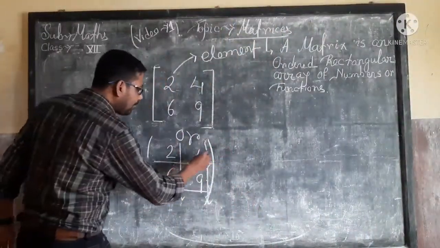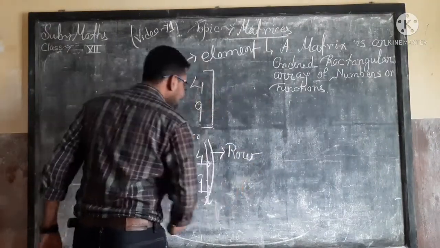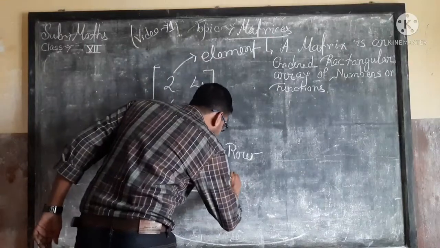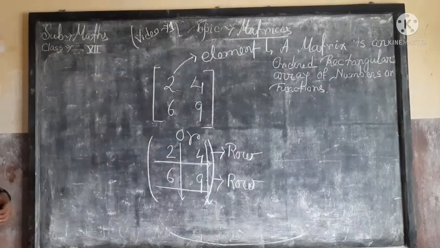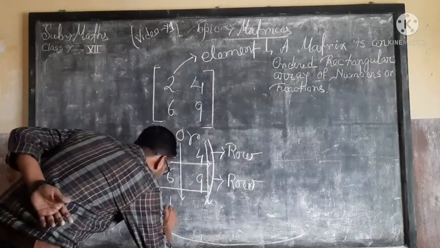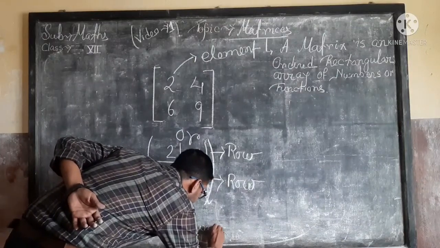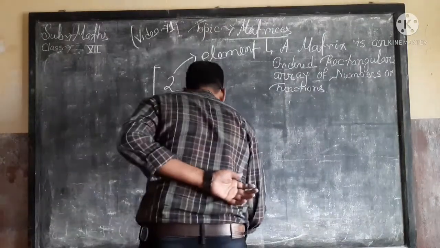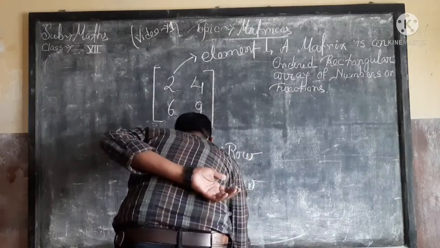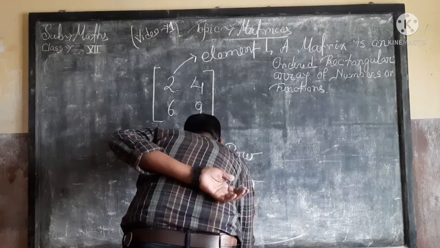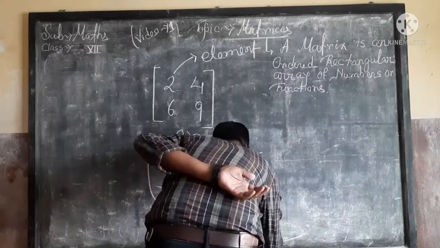According to this horizontal value, this is our first row and this is our second row, and this vertical value is our first column, and this one is the second.